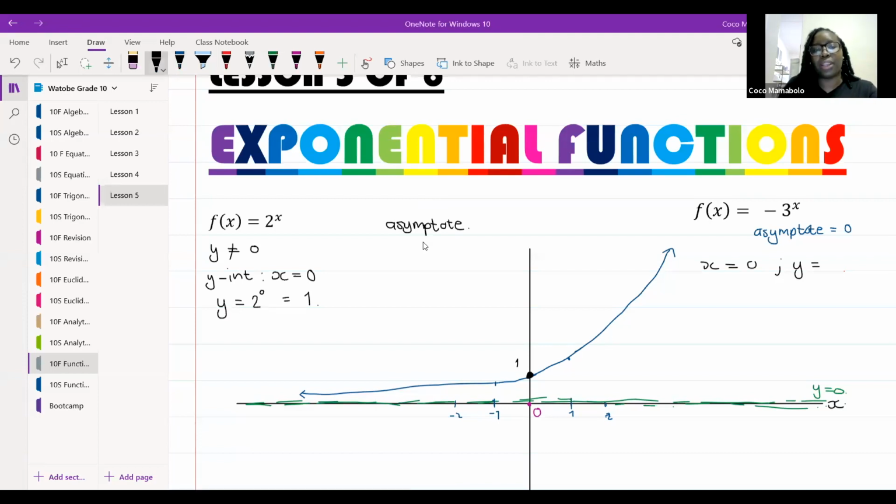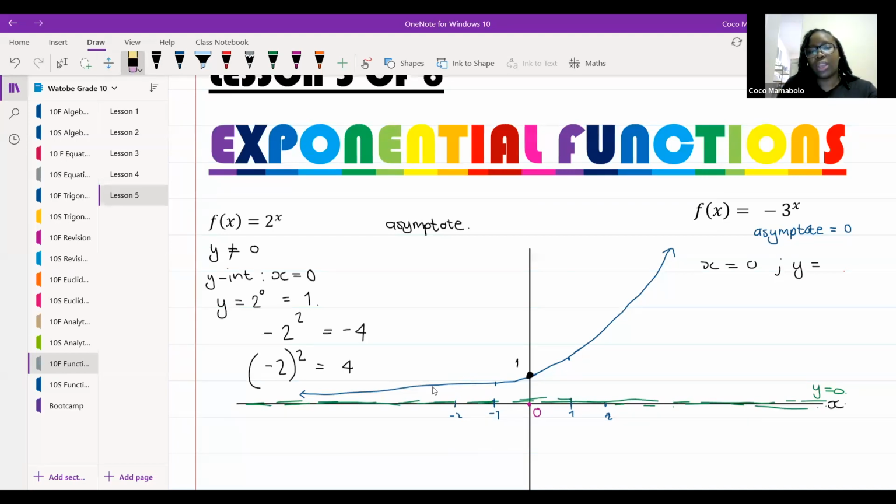Remember, Mawande, there's a difference between -2 to the power of x and -2 all to the power of x. Same if I say -2 squared and (-2) all squared. This answer over here will be -4. This one will be +4. There's a big difference. Does that make sense? Yeah, I think so.